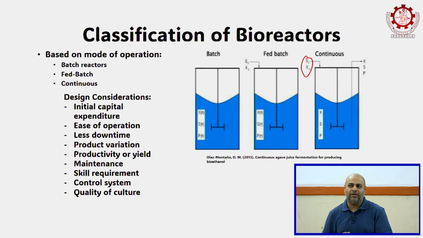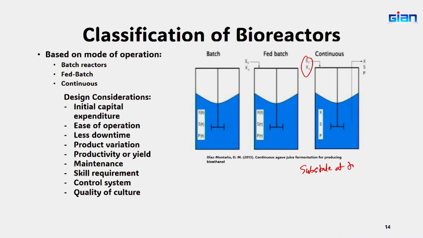Your S0 is basically your substrate concentration, your substrate at time T0, that is initial substrate concentration or the substrate that is coming inside. Then you have your X0, that is your cell biomass concentration at time t is equal to 0, your initial cell biomass concentration. X, S and P are your, X would be your cell at the end of what is coming out, S would be the substrate that is coming out, and P is the product.